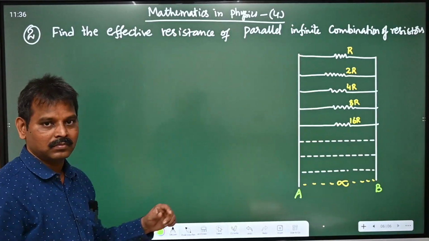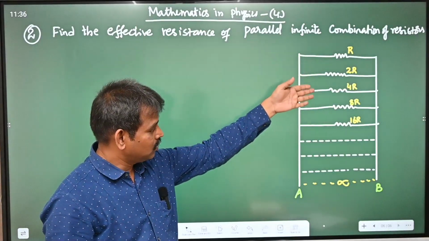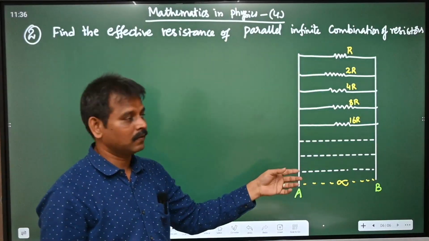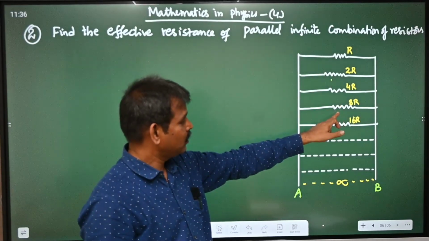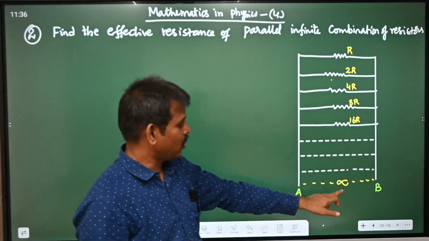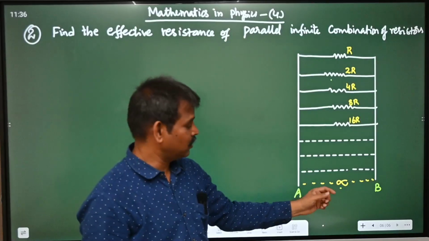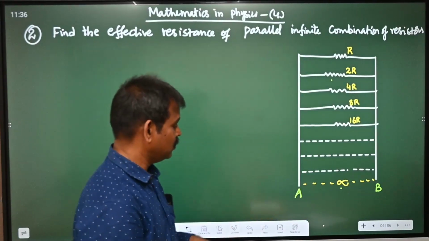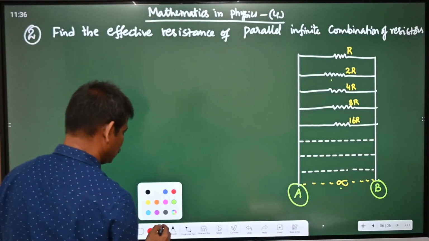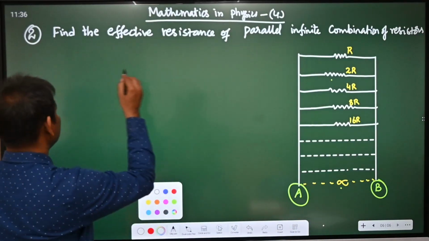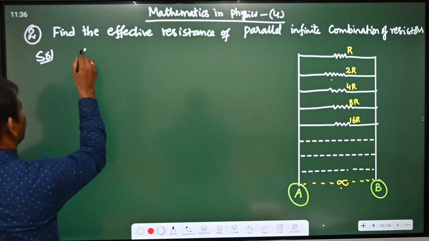In this problem, already you know these resistors are connected in parallel. The first resistor is R, the second 2R, 4R, 8R, 16R and so on. The last resistor is infinity. I want to find the resistance between these points A and B. To find the resistance, students, this is a parallel combination.